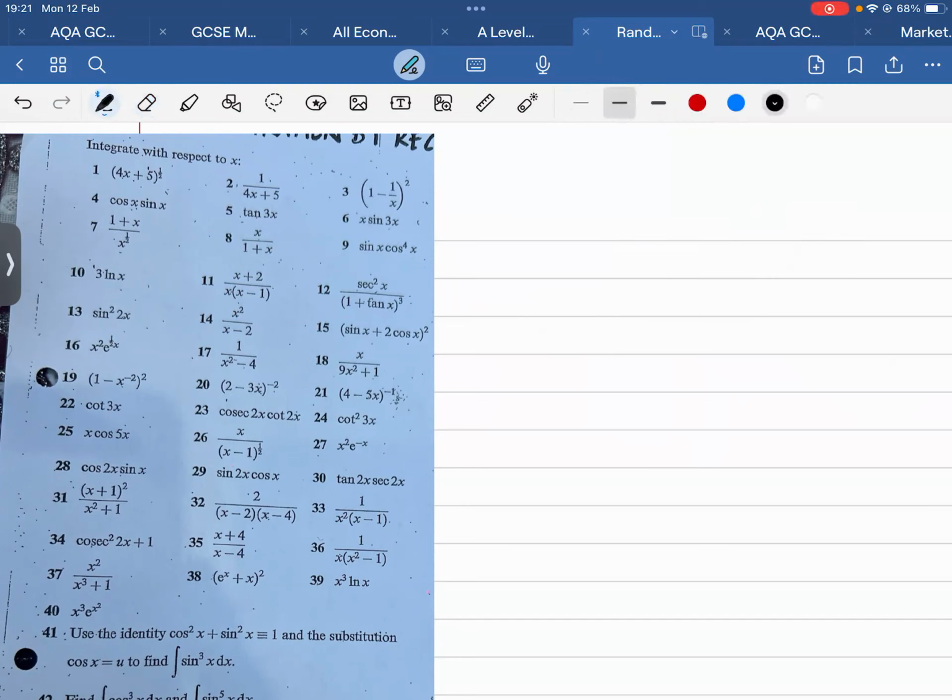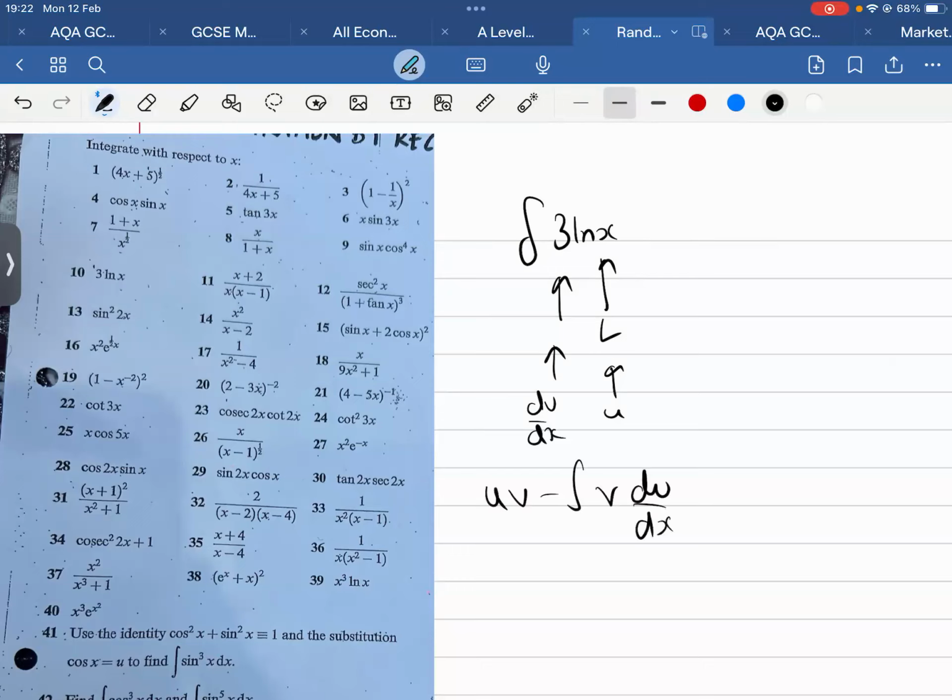So if you're integrating 3 ln x, the ln is always U, and then the 3 is dV by dx. So V is 3x, and U times V, U is ln x, V is 3x, minus the integral of V times du by dx.